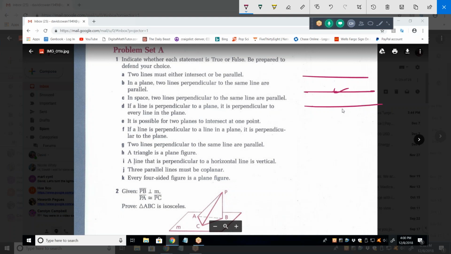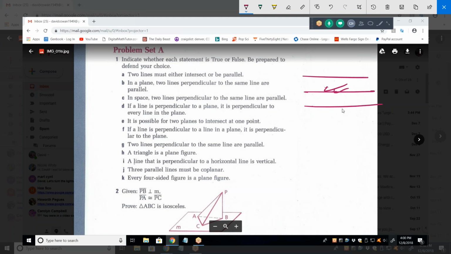A skew line is neither parallel nor ever intersecting. I would say that even if you change the plane of that, you still have a parallel line, but I don't know for sure, to be honest with you.